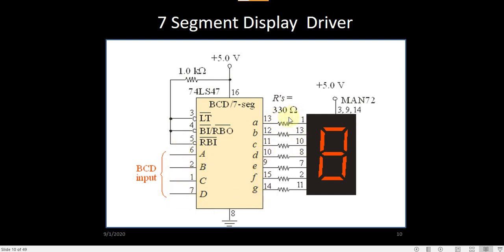What are the valid inputs for this circuit? Only 0 to 9. So any input beyond 9 will be don't care. I just put 2 slides to make you understand where that don't care comes from. Don't get too much into these circuits for the time being. Later on we can go deeper. Is it okay?